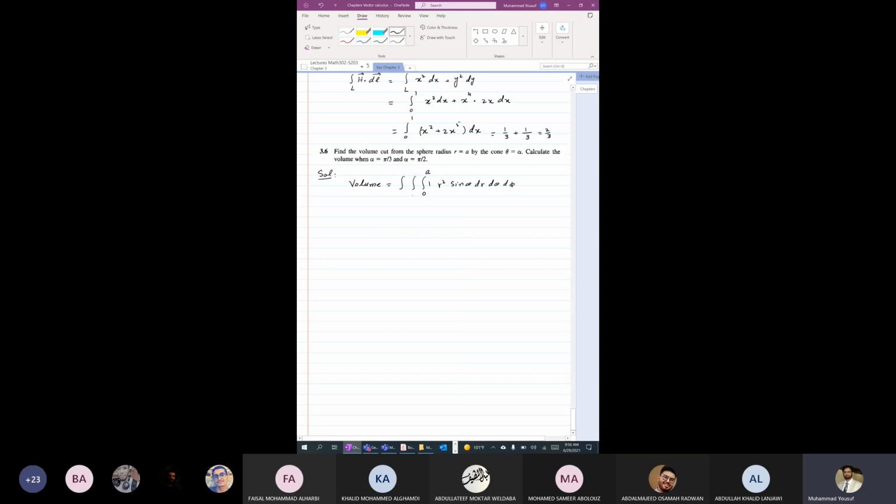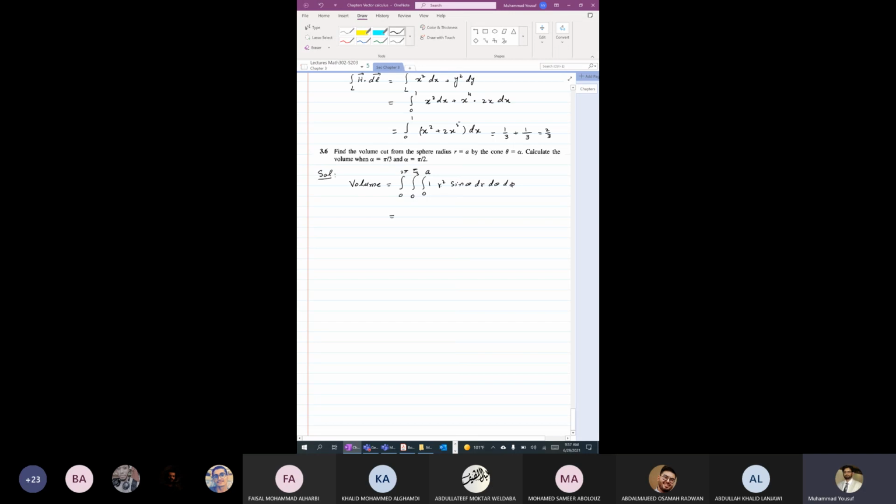Theta is measured from the positive z-axis to the angle, so from 0 to pi over 3, it is a cone. Phi is not given here. In spherical coordinates, phi is all around, 0 to 2 pi. So these are the limits.